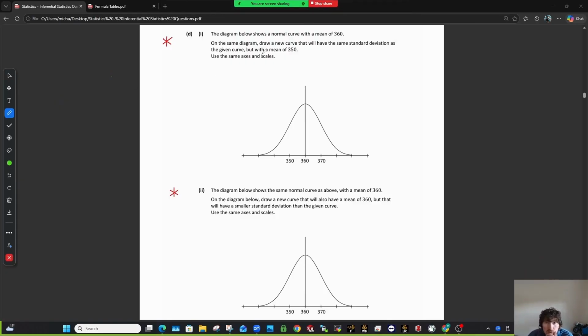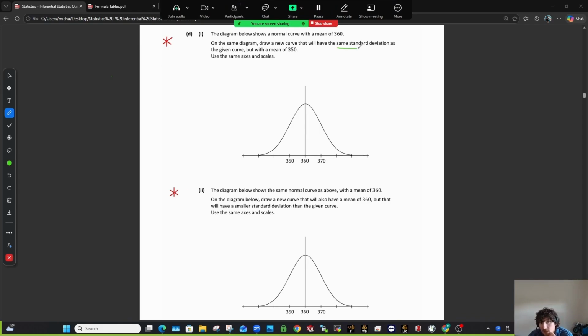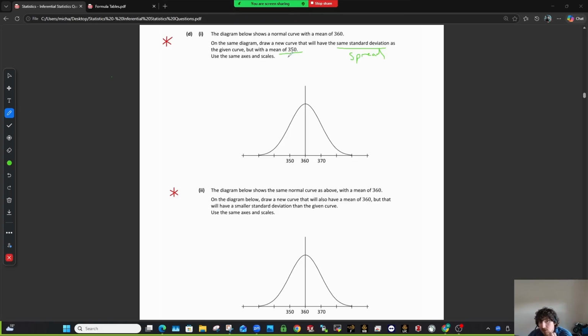So the diagram below shows a normal curve. Indeed it does, and it has a mean of 360. On the same diagram, draw a new curve that will have the same standard deviation with a new mean. You've got to understand that standard deviation is about how spread out you are. Standard deviation is spread, and mean is the location of your center. So we want to keep the exact same spread.